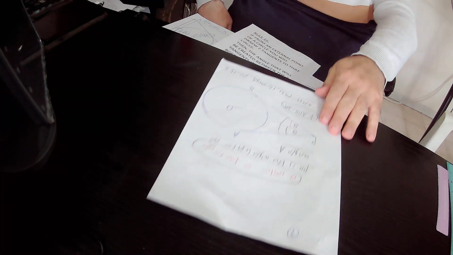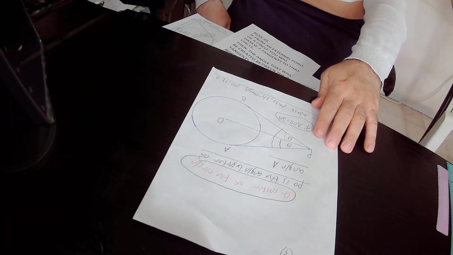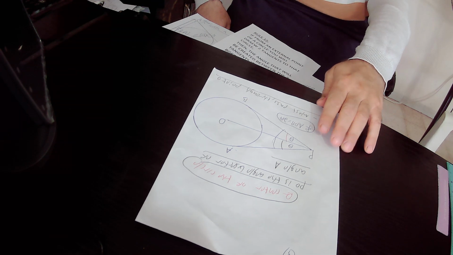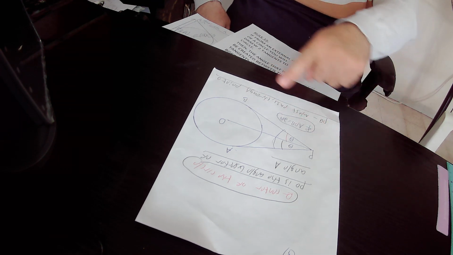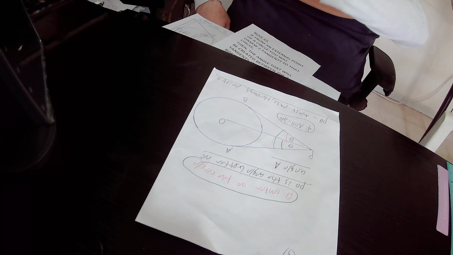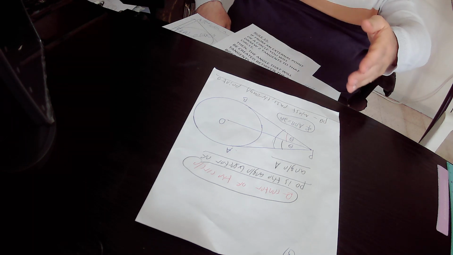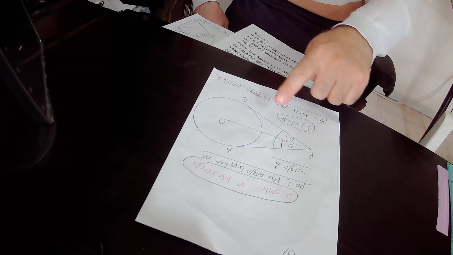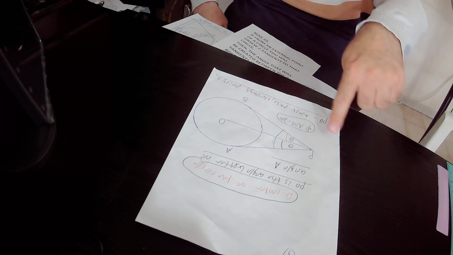This is the common external point, point P. From this common external point P, we draw two tangents to this circle, tangent PA and tangent PB. By drawing those two tangents, we get the angle APB.